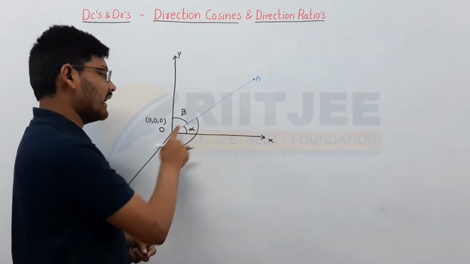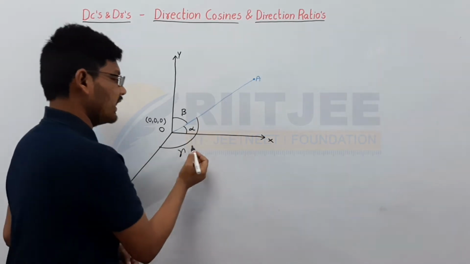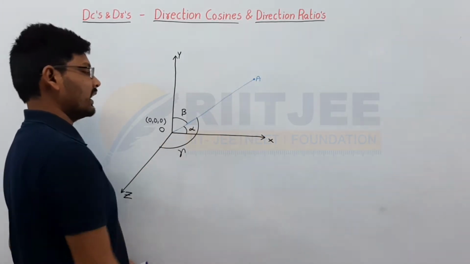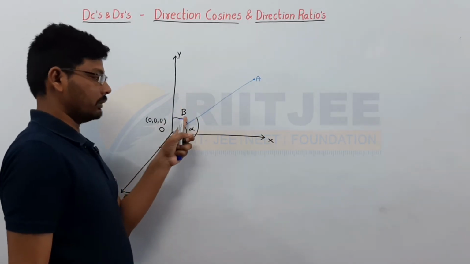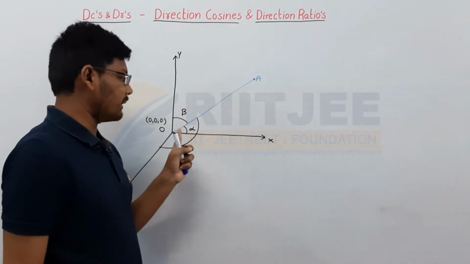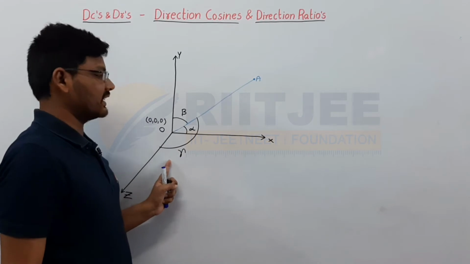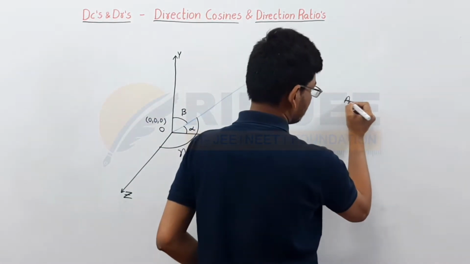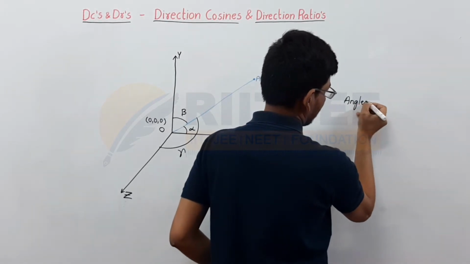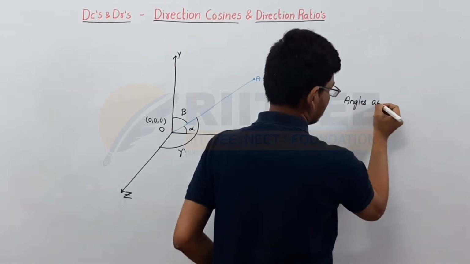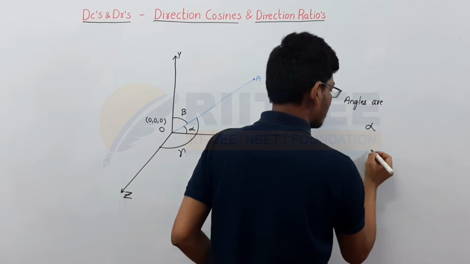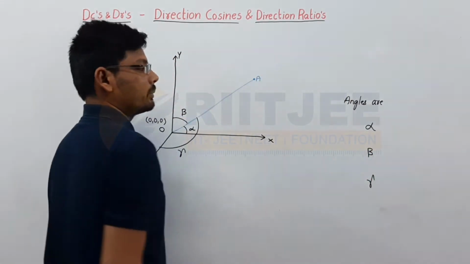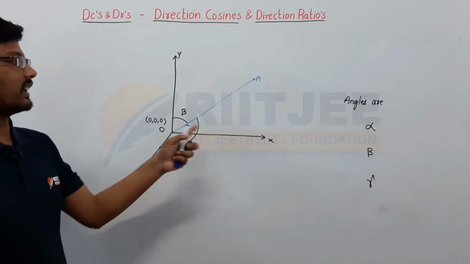The line OA is making an angle alpha with the X axis, beta with the Y axis, and gamma with the Z axis. Here the angles are alpha, beta, gamma.